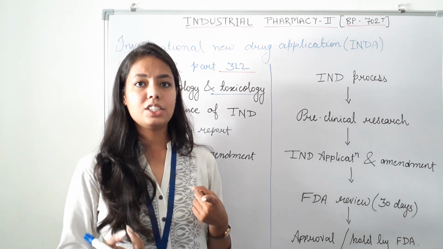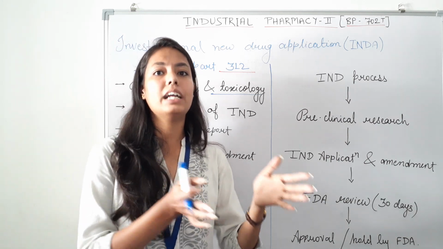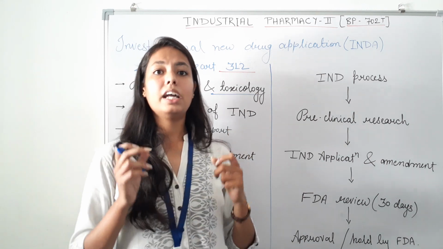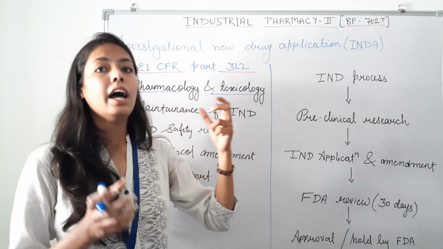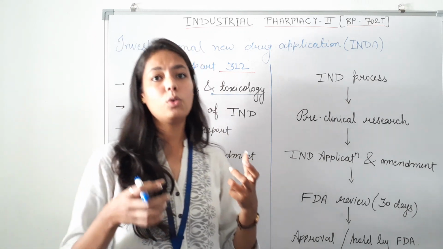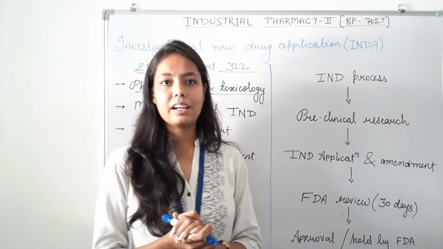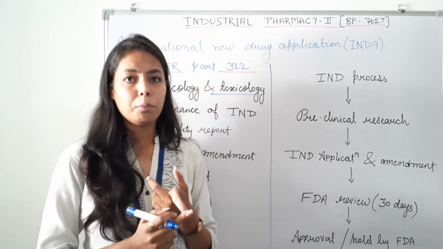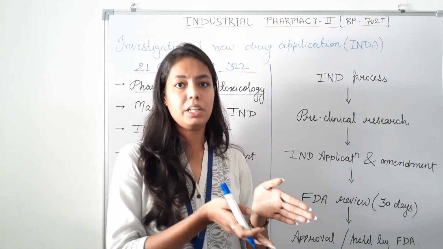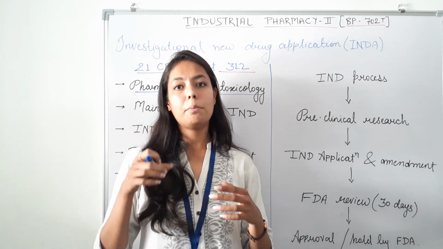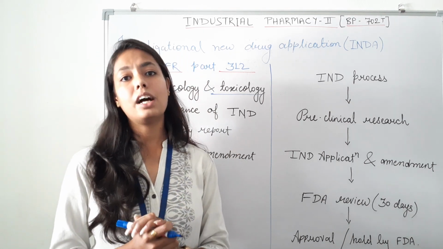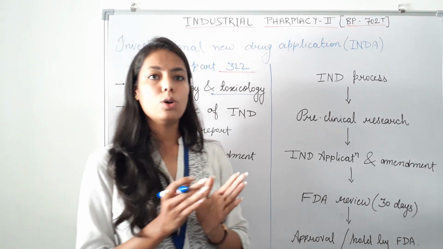Revised financial disclosure information is required within 1 year if any changes occur during the course of the investigation. That means what the proposed amount is and what the actual amount consumed during the clinical trials was. Then a copy of the informed consent form, a list of references previously submitted to the FDA and used in the present investigational new drug application, along with the drug master file, is also attached.